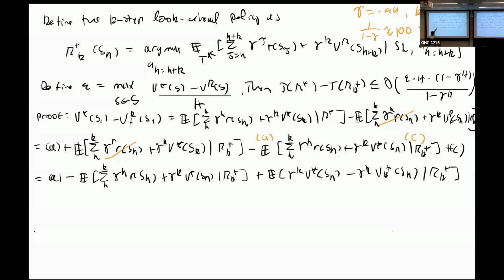I'm just copying this term from above down here. And if you think about this term and this term canceling out, what's left is just the discounted value function I would get k steps in the future had I chosen k actions according to this k-step look ahead policy. Does that make sense?